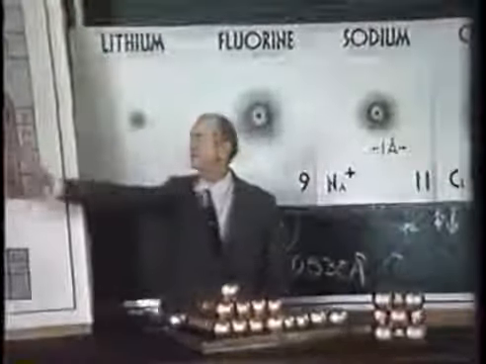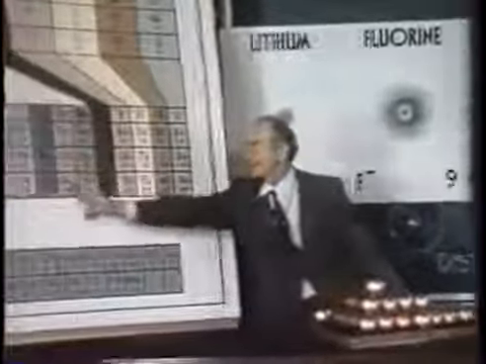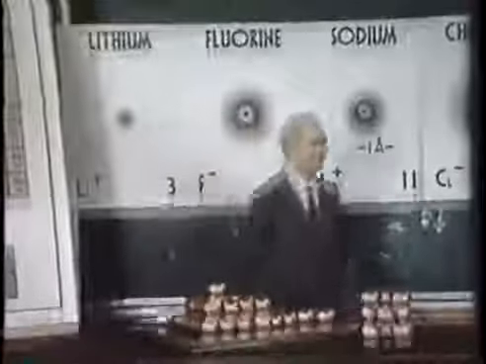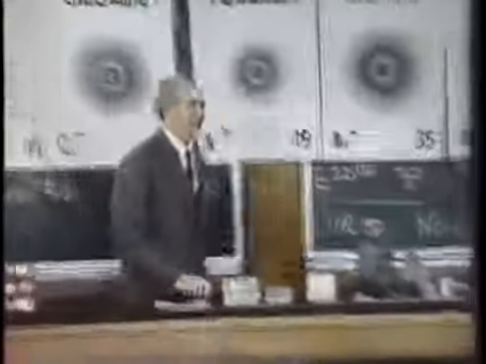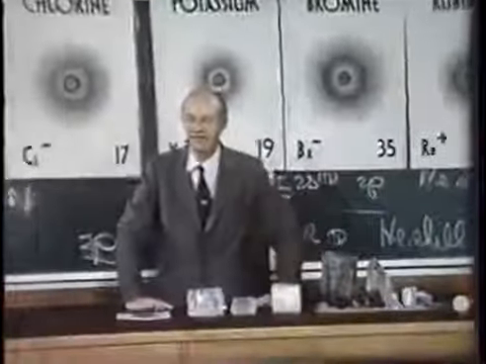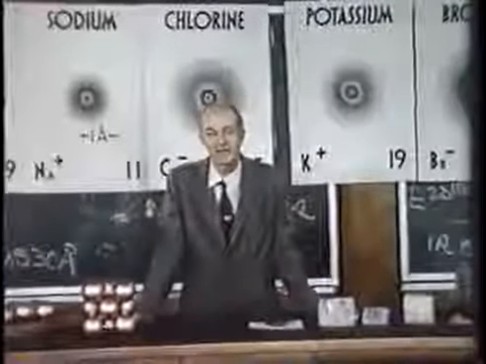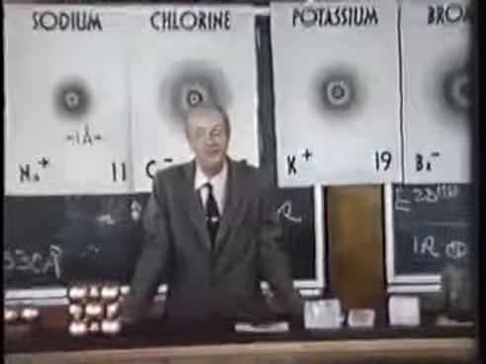or +3. Zinc, in the period 2b of the periodic table, zinc forms the ion Zn++, Zn double plus, with atomic number 30, it loses 2 electrons easily to form the zinc ion, which has 28 electrons.